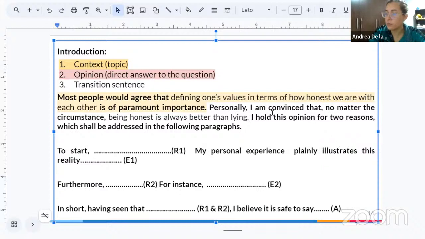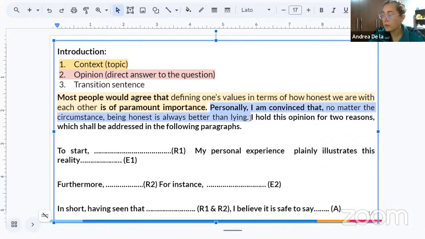For example, of course you can do it differently, but the important thing is that in this sentence, you answer the question directly. The question is, is being honest always better than lying sometimes, or is lying sometimes better than being honest always? So the important thing is that you answer this question directly. Okay? Is that okay?